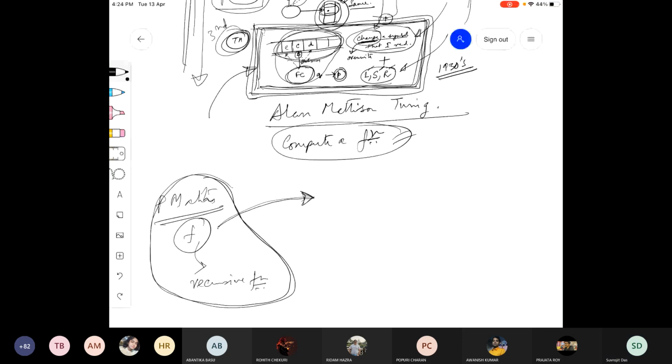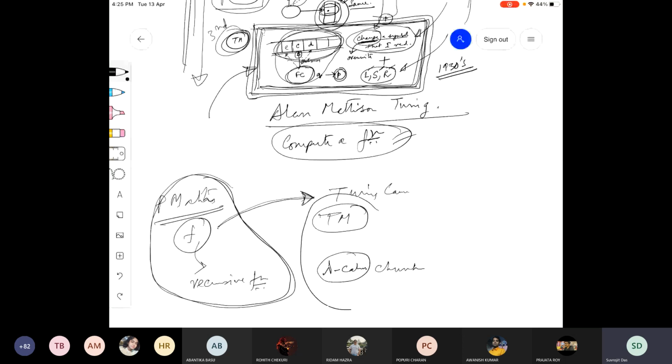And then Turing, the Turing machine. And before Turing, there was another research going on, carried on by Church, who was Turing's guide, and he talked about lambda calculus. And later on, they proved that both these models are equivalent. And then from Turing, another equivalent model of computation came up, grammar definitions.